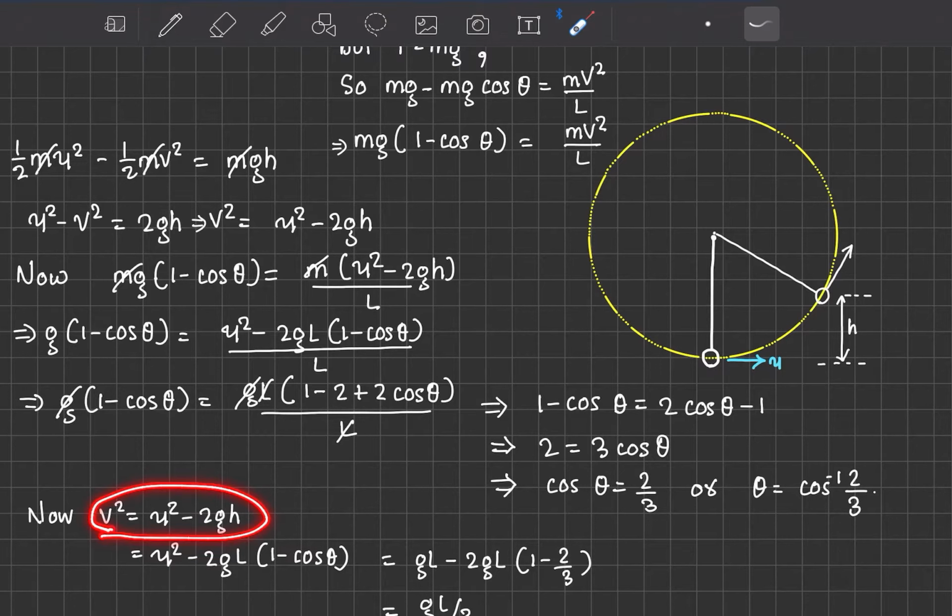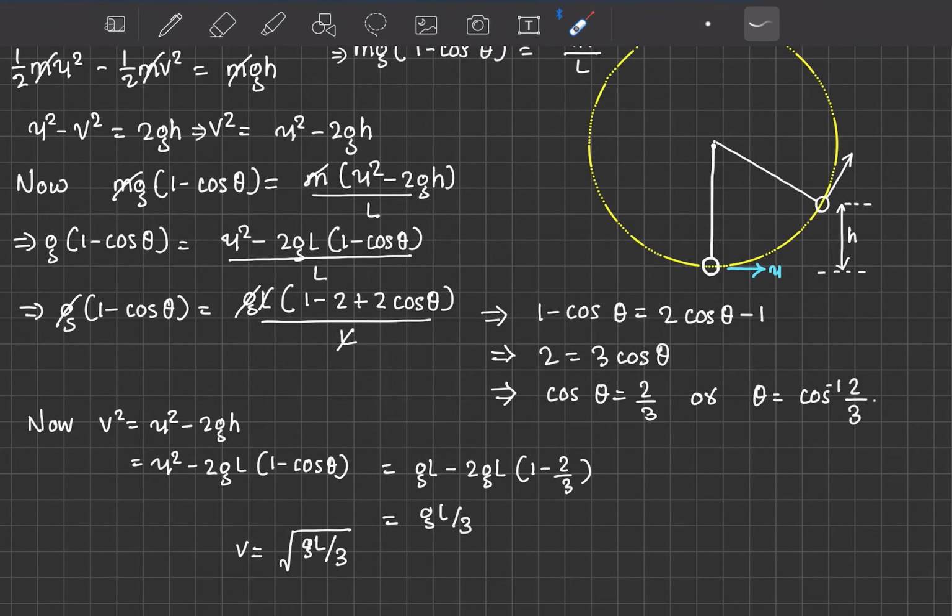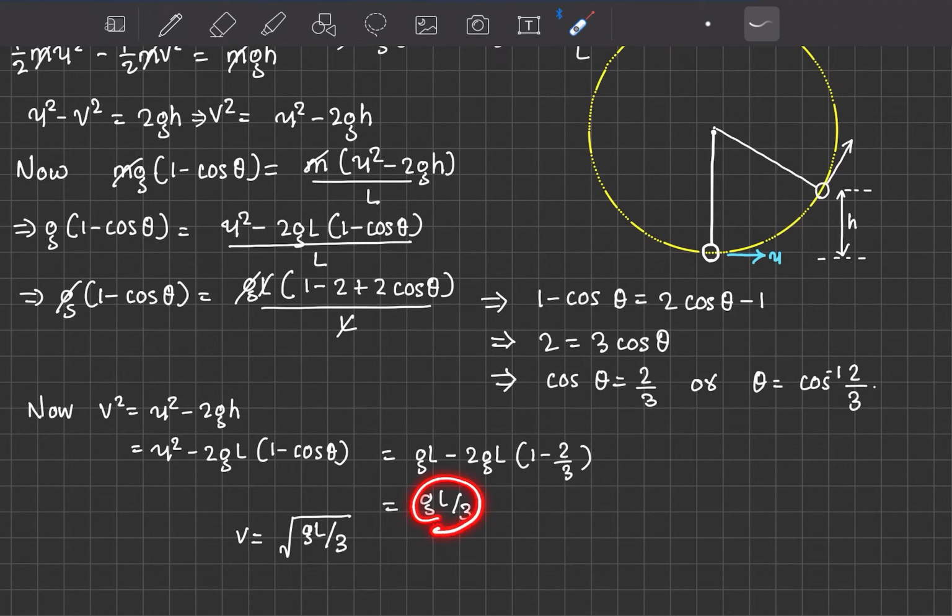According to our relation, v square equals u square minus 2gh, or u square minus 2g, and in place of h we use L into (1 minus cos theta). Now putting cos theta equal to 2 by 3, we get gL minus 2gL into (1 minus 2 by 3), and hence this results in gL by 3, which equals v square. So v equals root over gL by 3. This is our answer.